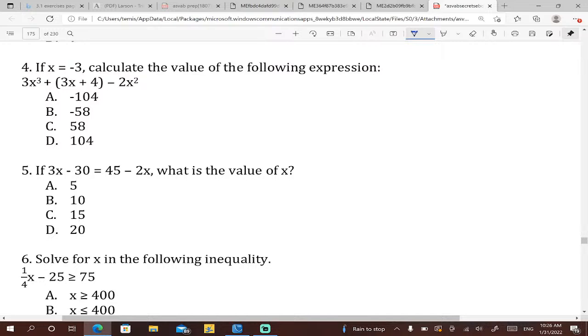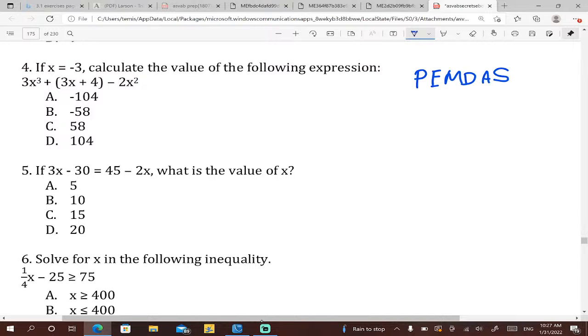So this one says, if x equals -3, calculate the following expression. All right. Well, we got some exponents and some parentheses. So you kind of got to remember order of operations, because you got to do what's in those parentheses first. So order of operations is PEMDAS.